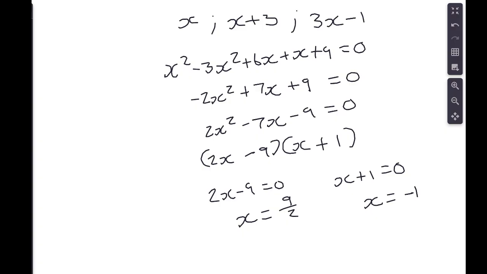So what you're gonna do is test both of them. Remember that the ratio of term 2 over term 1 must equal the ratio of term 3 over term 2.